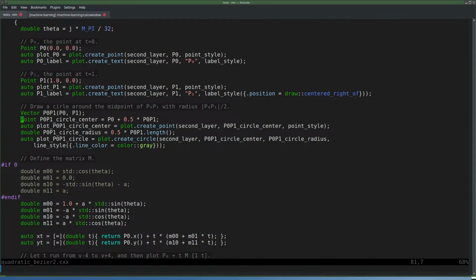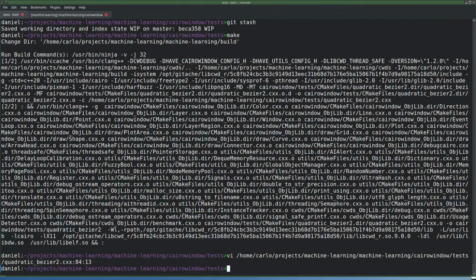Oh, that's the reason. I removed the P0. Yeah, okay. I had point plus vector is point. But if you remove the P0, then suddenly it doesn't work anymore. Apply or... Pop.